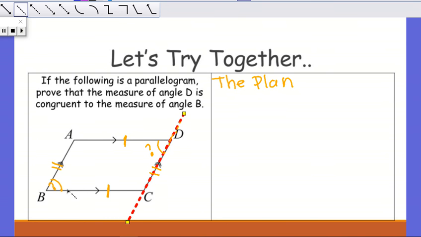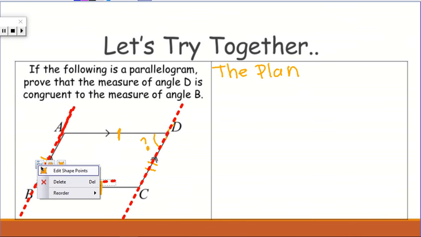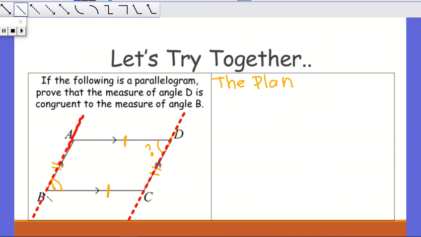As a matter of fact, I'm going to extend all of these lines so that I can show you what properties you can use to help you figure this out. Grab one more. Alright, so I extended all of these lines.